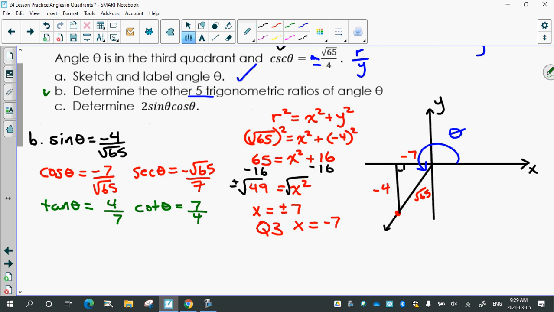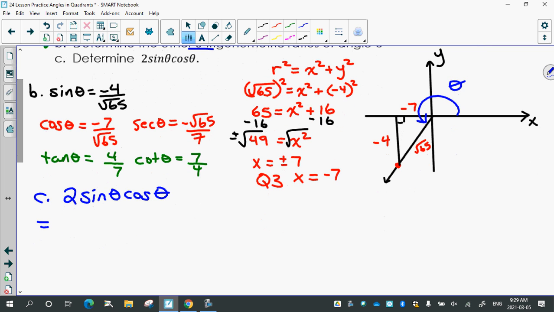So that's B done. C says determine 2 times sine theta times cos theta. So 2 sine theta cos theta is just going to be a number. It'd be a weird looking one. This means we take 2 and then sine theta was negative 4 over root 65, and cos theta was negative 7 over square root of 65.